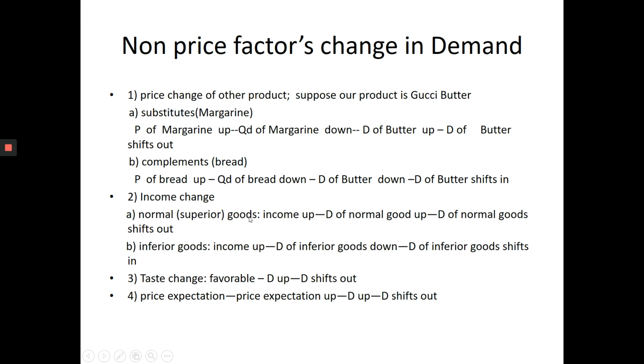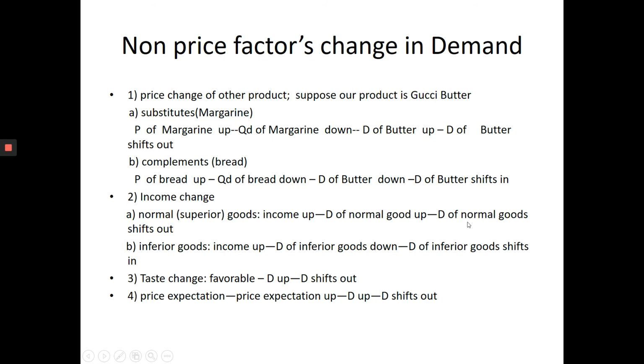So if your income goes up, now you can afford to buy more expensive, quality normal goods. So demand for normal goods goes up, not because the price of the normal good changed, but simply because you are willing to buy more expensive normal goods since you are making more money.